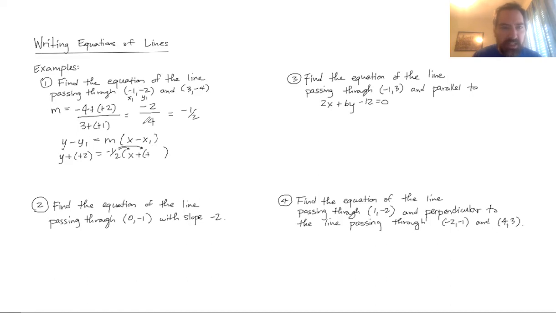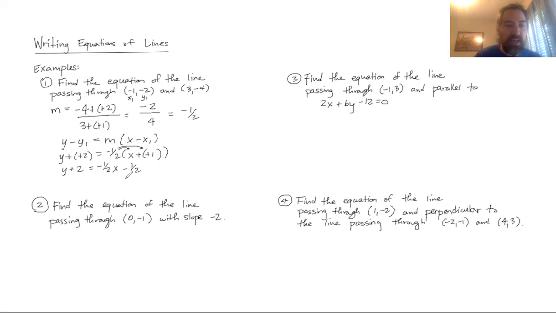My eyes just went to this -1/2. So -1/2 times x minus a -1, change those to plus, and then distribute the -1/2. That looks much better. So that's -1/2 x, and -1/2 times 1 is -1/2.